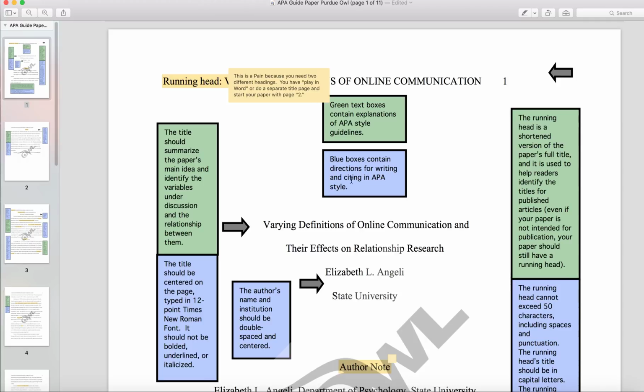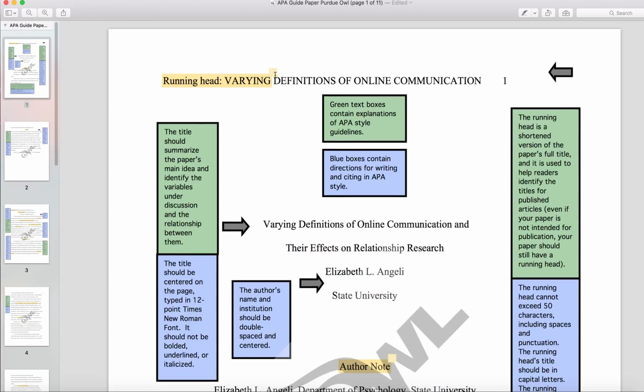So I'm going to scroll down here. Now, just starting out, this is a pain because you need two different headings. You have to play in Word, I'm sorry, and what I mean by play in Word is you just have to kind of figure it out.